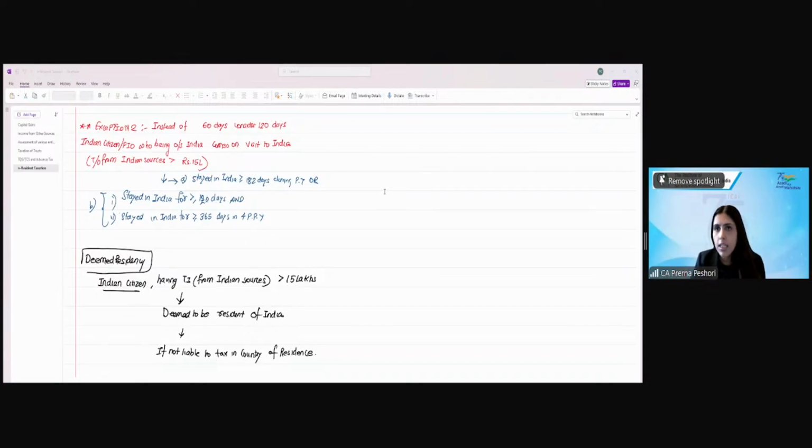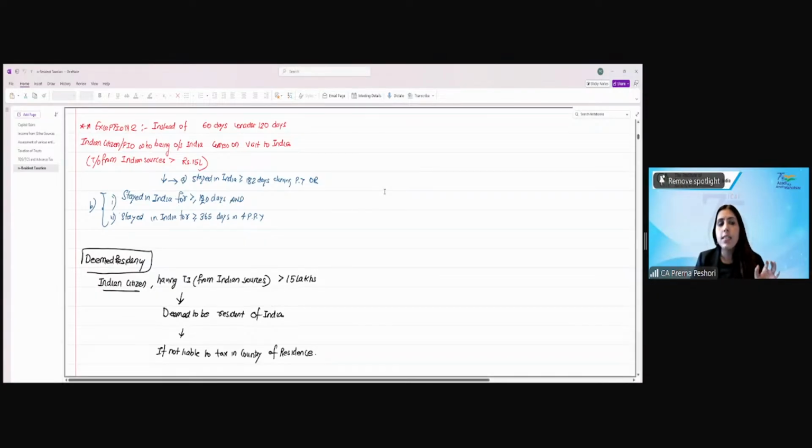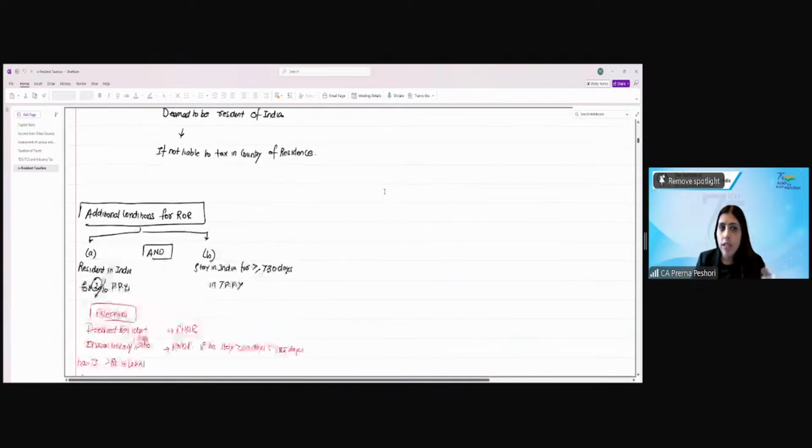Are we clear? Now, once you are considered as a resident of India, there is something called resident and ordinary resident and resident and not ordinary resident. And for that, there are two additional conditions, both of which need to be cumulatively satisfied. Are we clear? So what is the difference between the ROR and the RNOR?